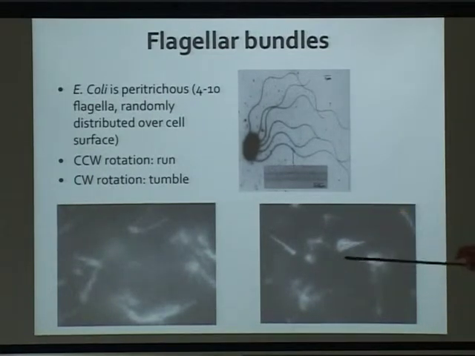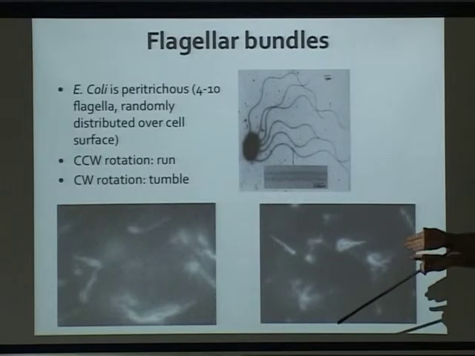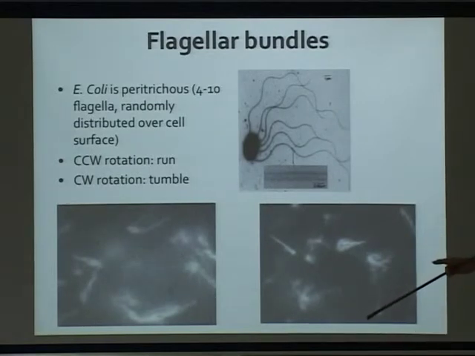But if you make them turn the other way around, this wave will come toward the cell body. And at a certain point, it would exert a force where the hook is, where they are anchored. And in fact, when at least one of these flagella is turned in the opposite direction, there will be a retrograde wave, and then one of these flagella will be expelled from the bundle, just by mechanical forces.